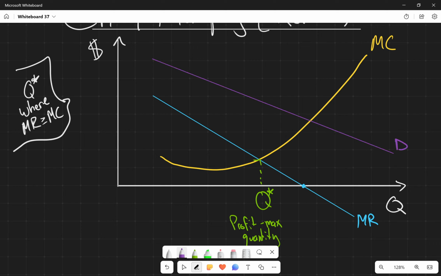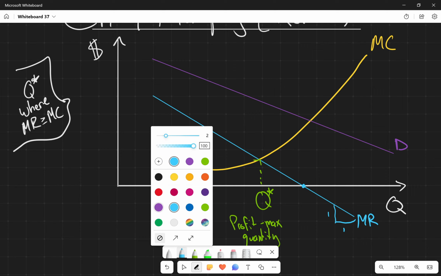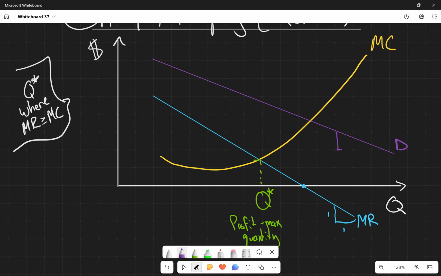So the marginal revenue curve is always going to have a slope that's twice the demand curve. It's hard to see here, but this has a slope pretty much of 1 for 1, whereas if we look at the demand curve, this has a slope of 1 for 2.